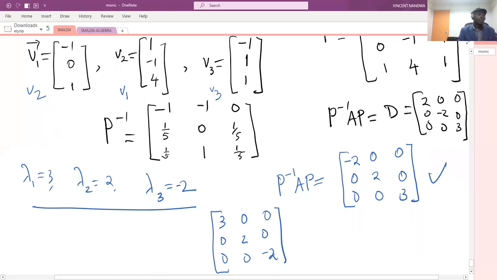So the order in which you find and label your eigenvalues and eigenvectors determines the structure of the P matrix, and also the order in which the eigenvalues are arranged on the diagonal of the final matrix D.